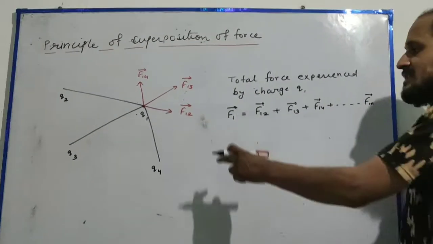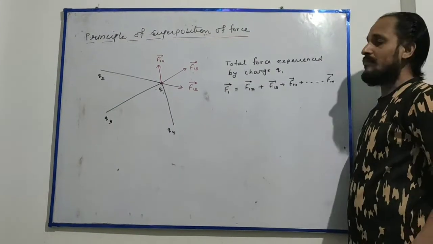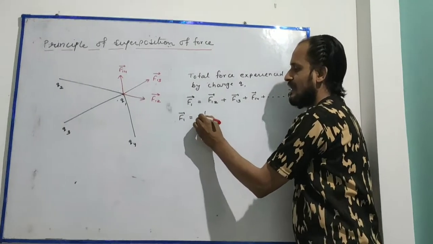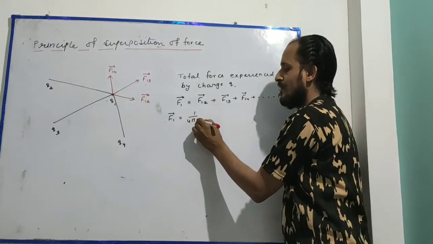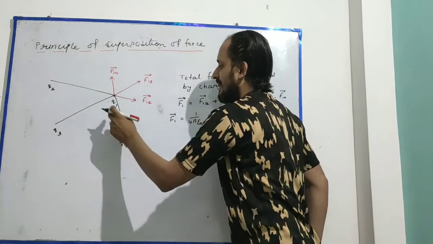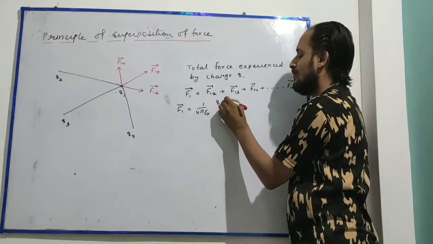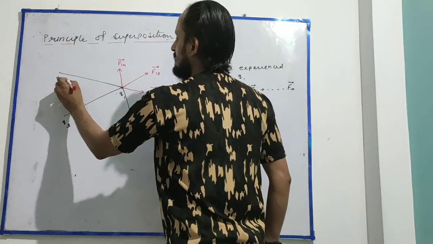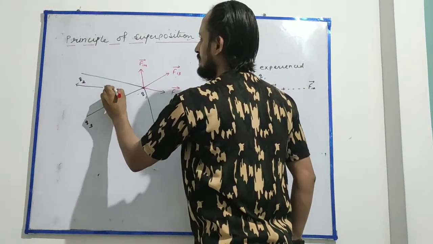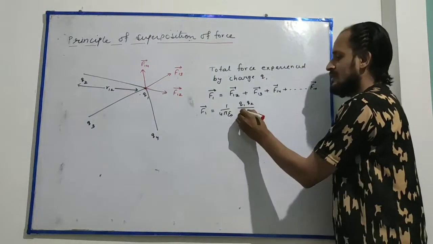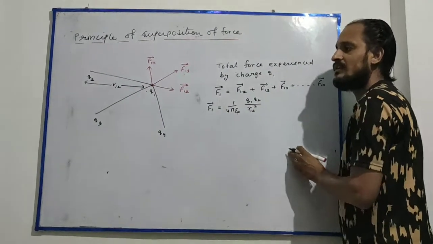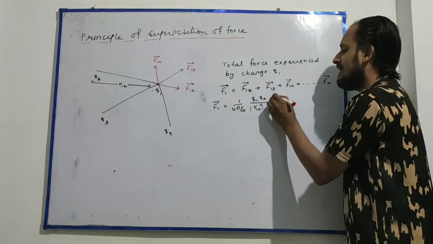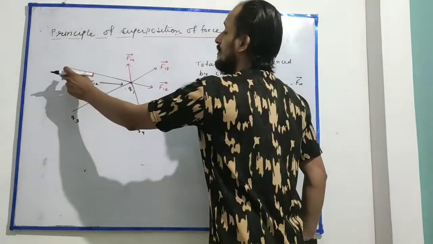F12 vector is equal to 1 upon 4 pi epsilon naught, Q1 Q2 upon R12 square, R21 cap, in case both are like charges.